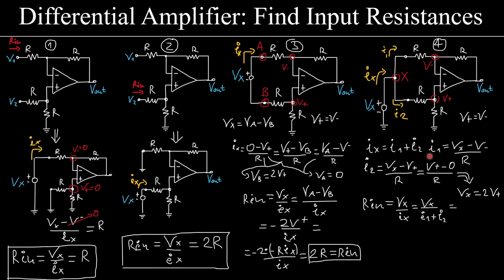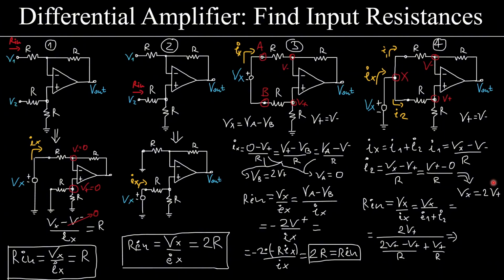Now I'm ready to find the input resistance. Why? We'll see now. Vx over Ix must be equal to Vx, the input voltage, over Ix, which is equal to I1 plus I2. How much is Vx? I found this earlier in relation to V plus, so it's 2 times V plus. How much is I1? I found it previously, Vx minus V minus over R. How much is V minus? V plus.